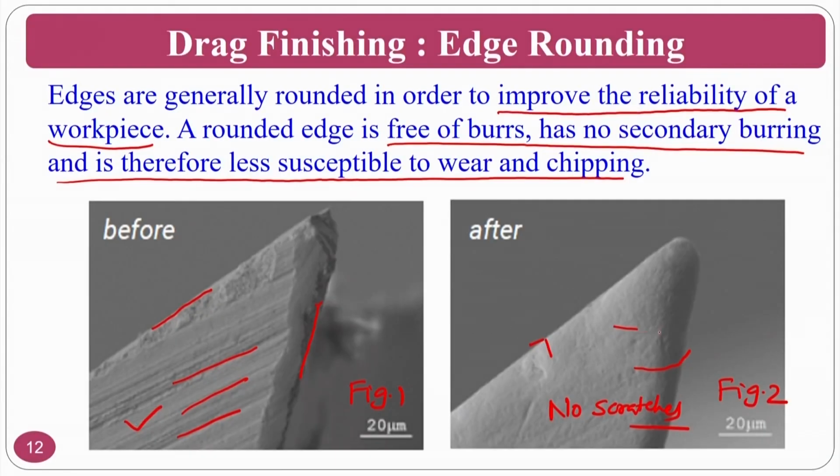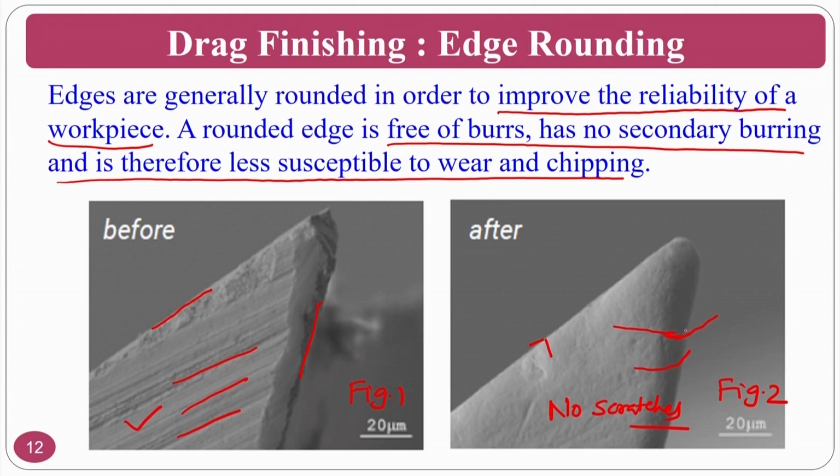Some of the applications like cutting tools and other places, you require sharp edges obviously, but normally nothing in this world is 100% sharp. It cannot be 100% sharp. So for that purpose, you will always have a sharpness radius. That is nothing but wherever two surfaces are going to meet, those will have a certain radius.